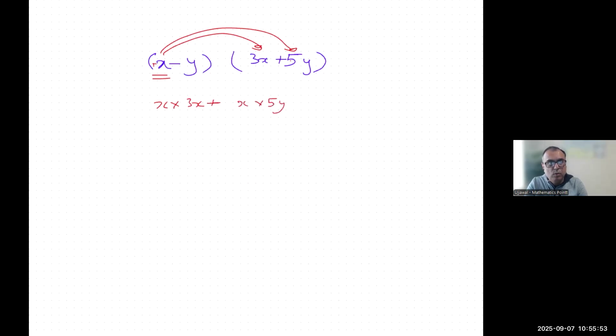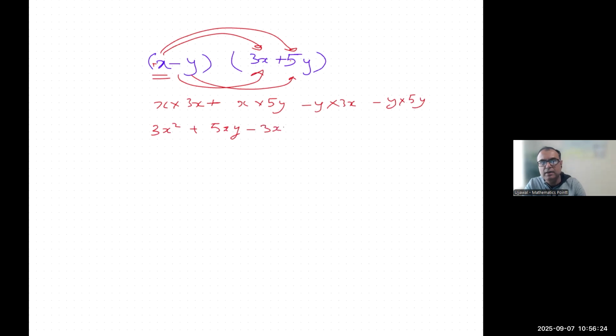Then my negative y times 3x and negative y times 5y. All right, so what does this become? 3x squared, and this becomes positive 5xy. This becomes negative 3xy, and this becomes negative 5y squared.